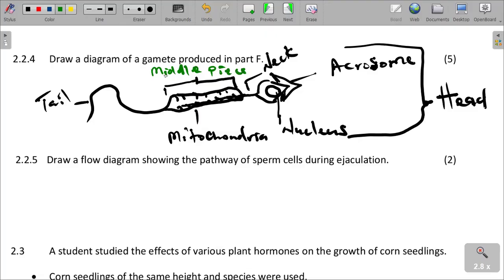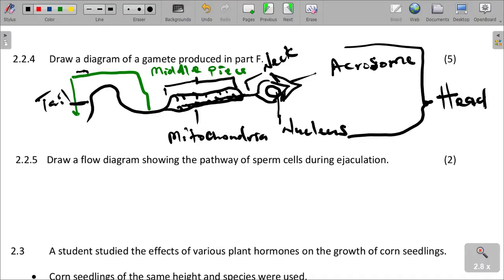Lastly, we have the tail, which runs from here up to the end.